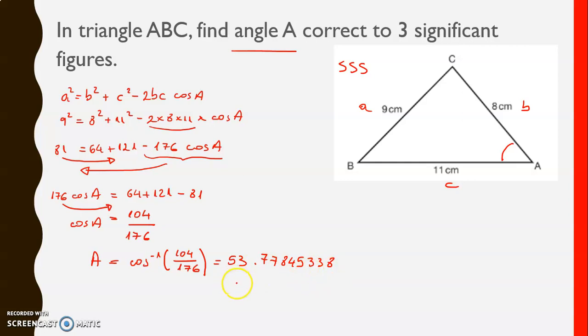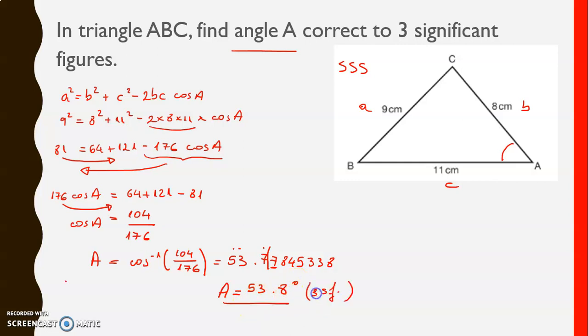These are all the digits displayed on my calculator, and therefore angle A is equal to 53.8 to three significant figures. So 1, 2, 3, we cut the number there, there is a 7, so we round up to 53.8 degrees.